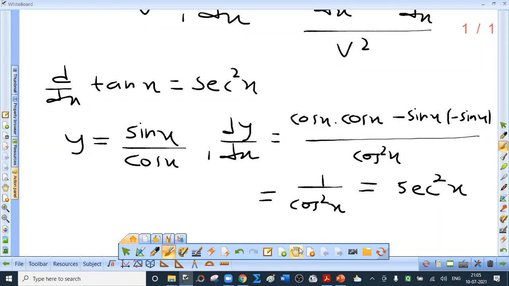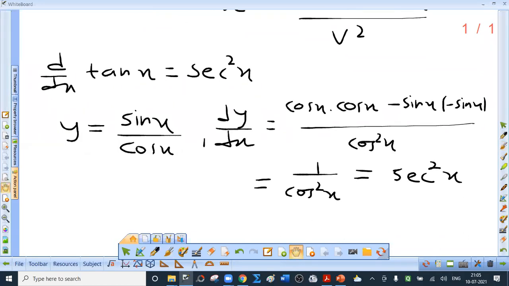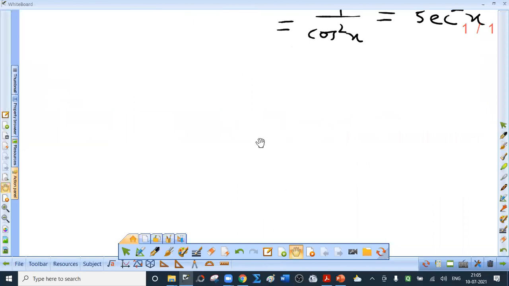But after today's discussion, I hope you will understand the meaning of dy/dx. It is derivative of y with respect to x. What is the interpretation of derivative? Slope of tangent. And what is derivative? Physical significance. It measures the rate of change. So you have to remember this. Okay. So that's it for today.